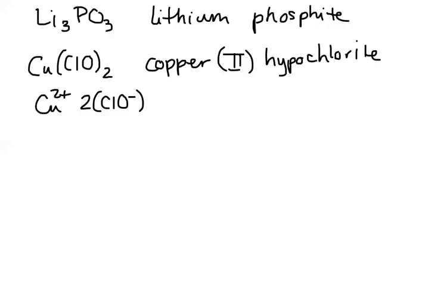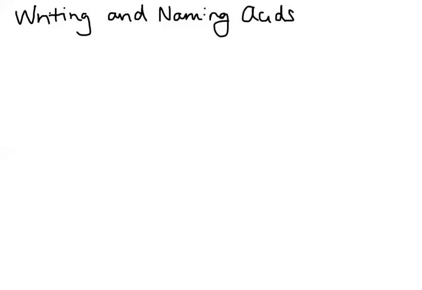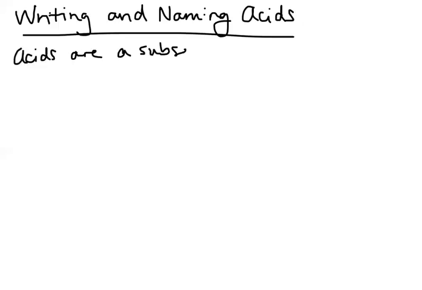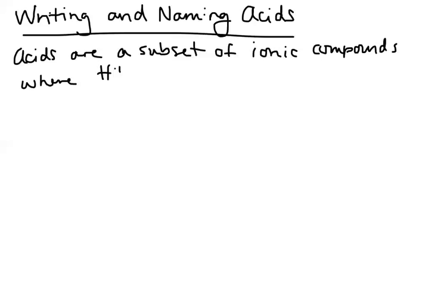Let's talk about acids. Ionics start with a metal or NH4 plus or H plus, but in the case of H plus, that ionic compound is an acid.